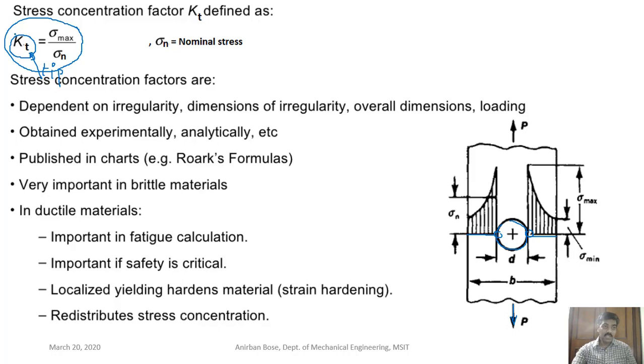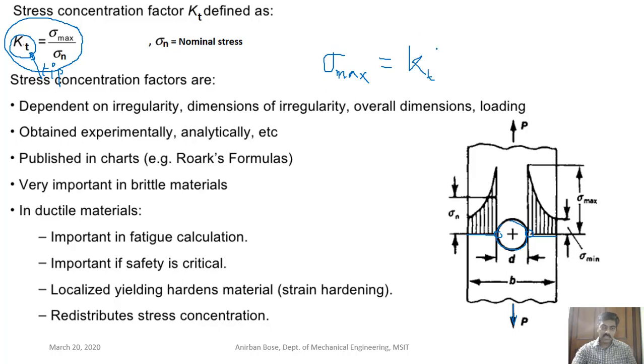So Kt is called the stress concentration factor, and that is equal to sigma max divided by sigma nominal stress.